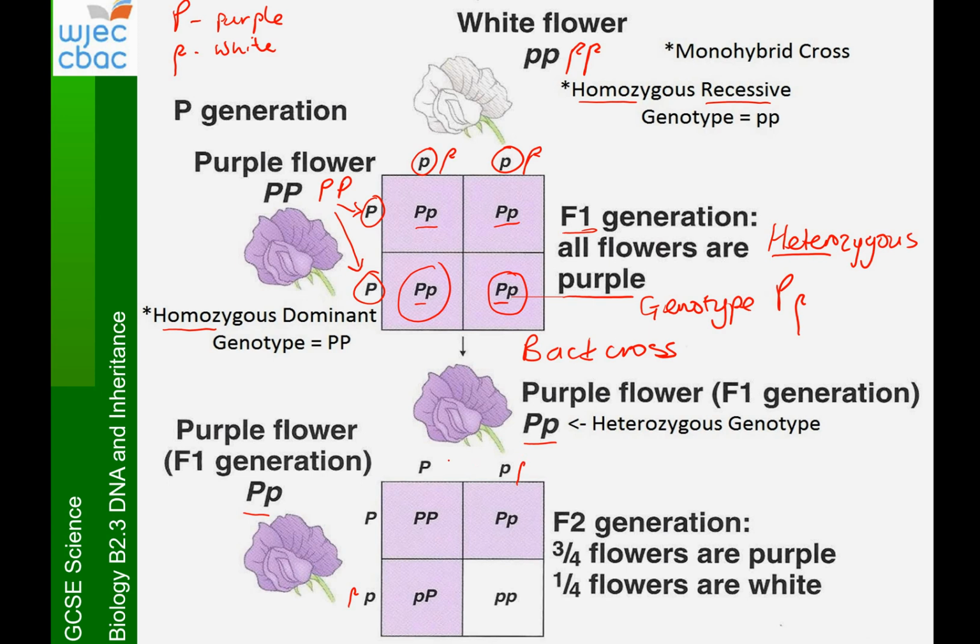So I'm going to put these little P's so that we can see them and a big P like that. So this one's 2 capital P's, definitely purple, homozygous dominant purple flower. But these 2 have 1 copy of a dominant and 1 recessive. So the dominant always overpowers the recessive, and these 2 plants will be purple.